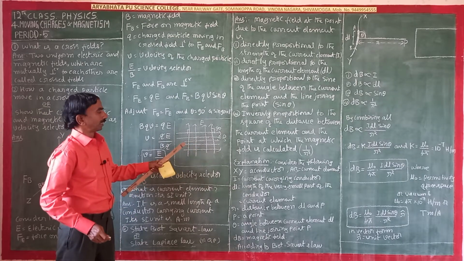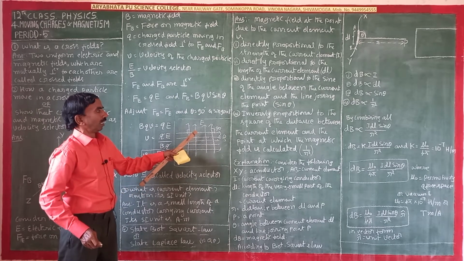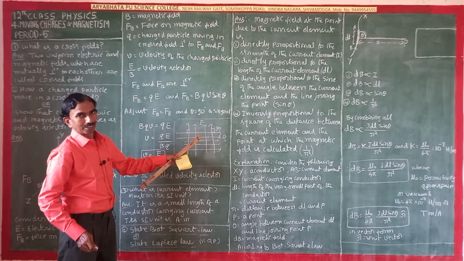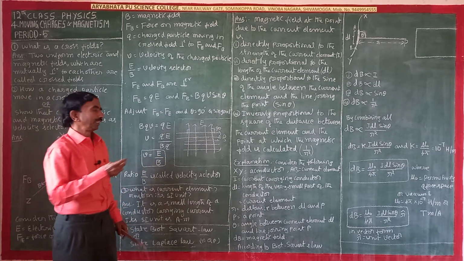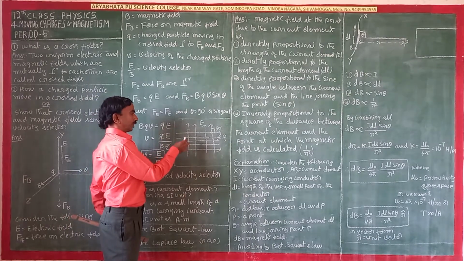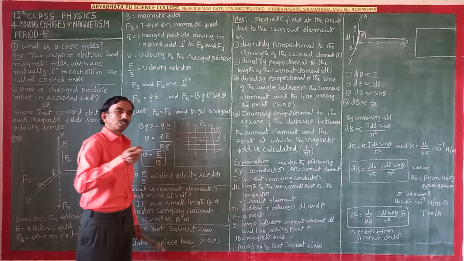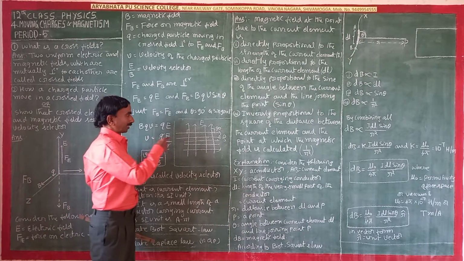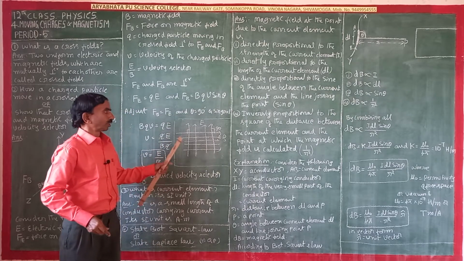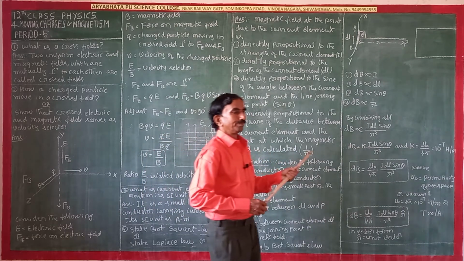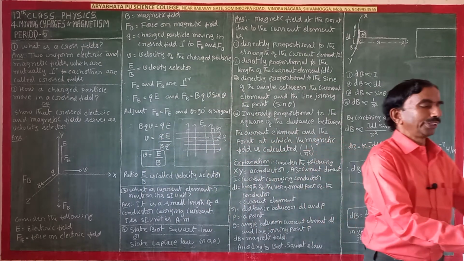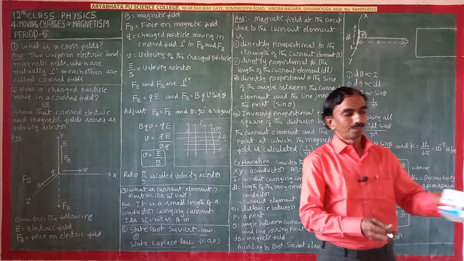Crossed field means electric and magnetic fields are perpendicular to each other. When a charged particle is entering this field, it is also entering perpendicular. So that is called a crossed field.